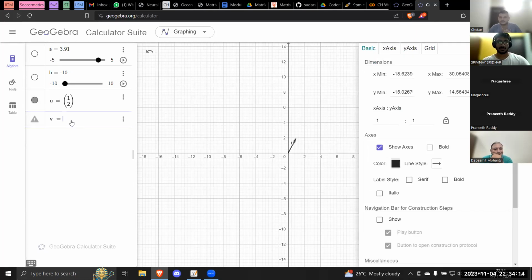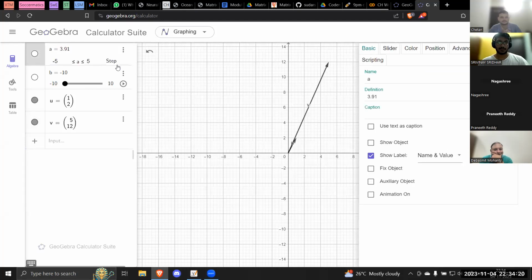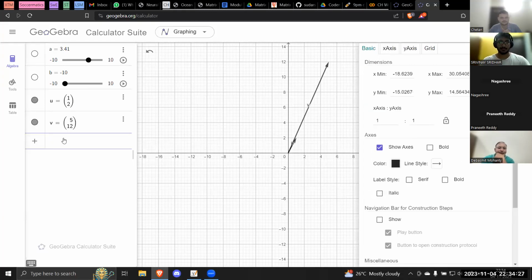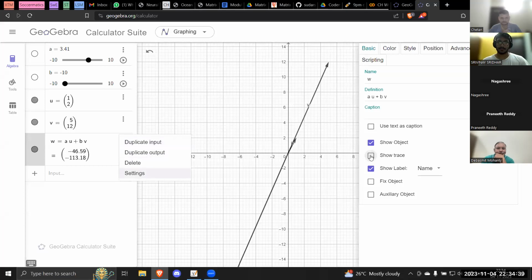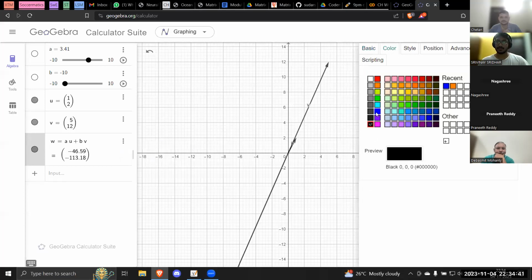Keep the result, change the color of the resultant vector so that we can differentiate it. And show the trace. Perfect.